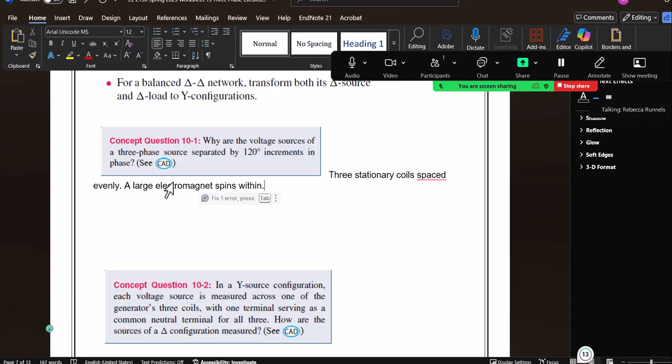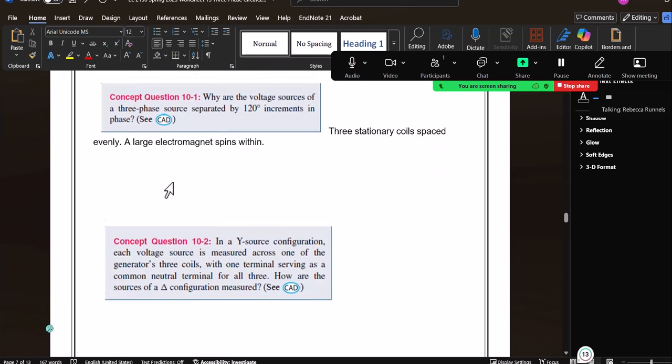And that's how we make electricity. So the induced voltages will have the same amplitude, the same frequency, but their phase angles are going to be staggered by 120 degrees between them, all of them.